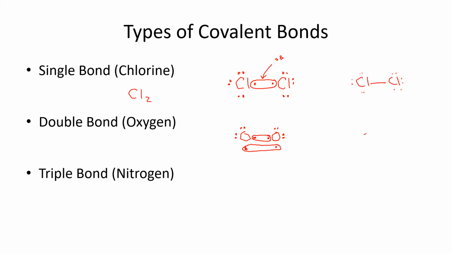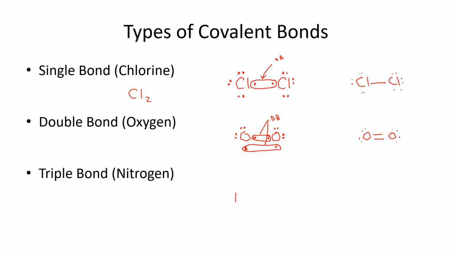With the stick diagrams, draw your two lines right next to each other to represent the two bonds that happen. Since there's two pairs of electrons being shared here, we call this a double bond. Double bond, right? So single bond, 1 electron pair being shared, and double bond, 2 pairs being shared.